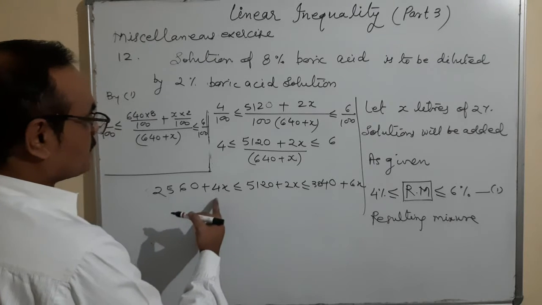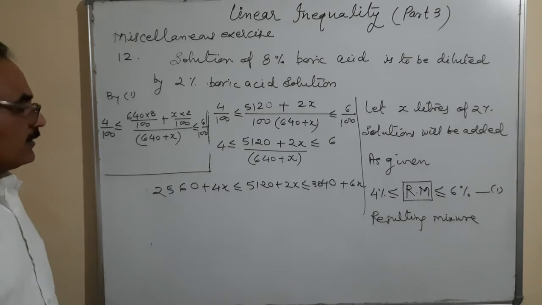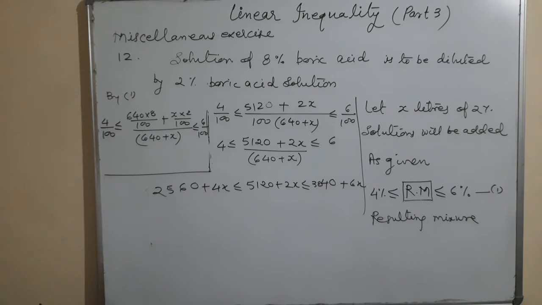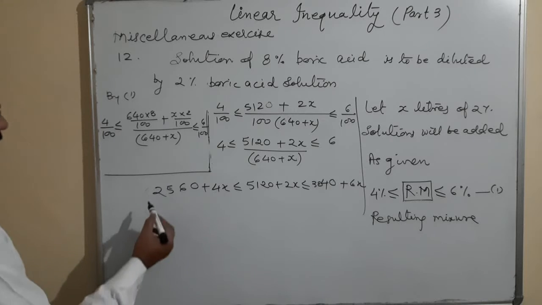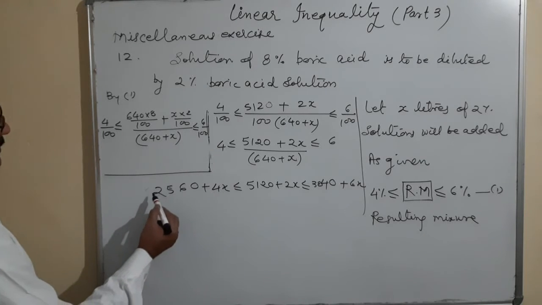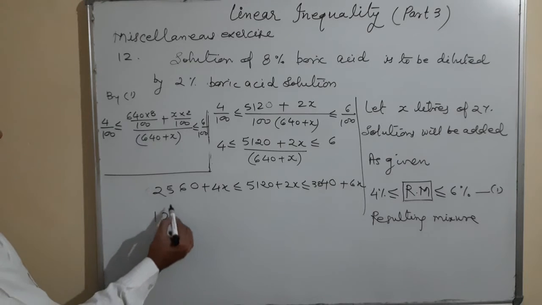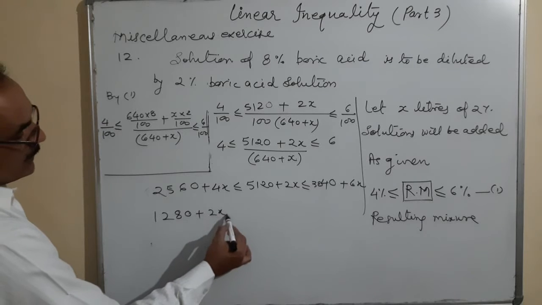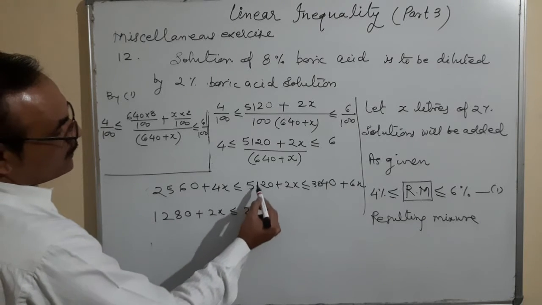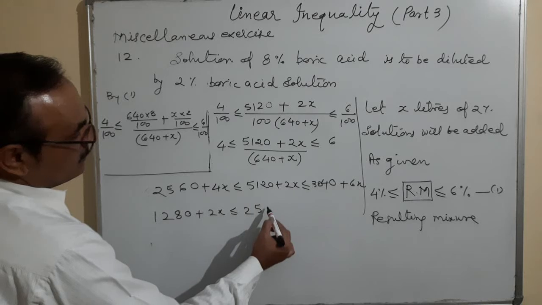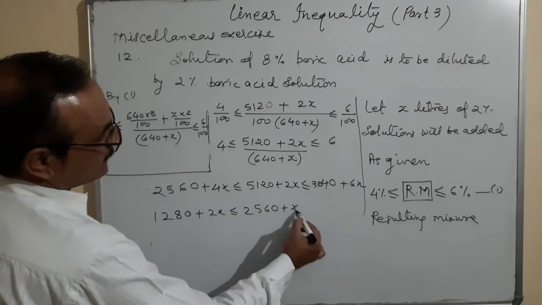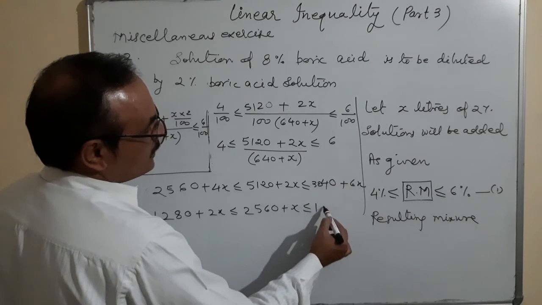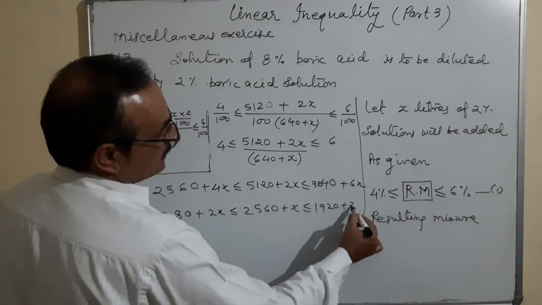Because many x we are getting here, see this is 4x, it is 2x, and that is 6x, so we will divide by 2. When we divide by 2, what happens? 2 1s are 2, 2 2s are 4, 2 8s are 16, 0 plus 2x is less or equal to 2 2s are 4, 2 5s are 10, 2 6s are 12, 0 plus x is less or equal to 2 1s are 2, 2 9s are 18, 2 2 0 plus 3x.